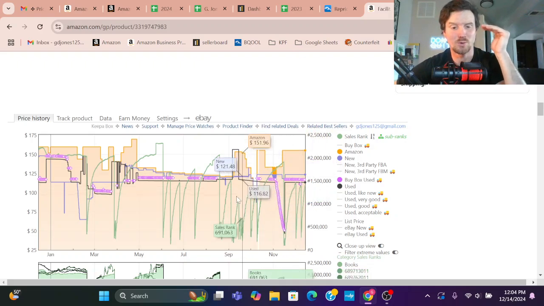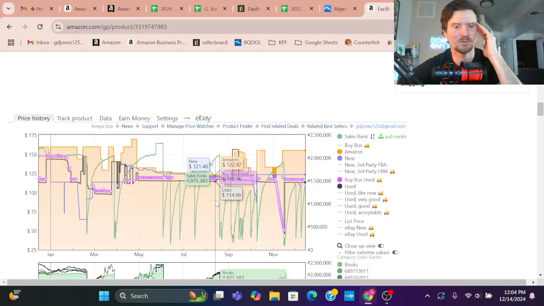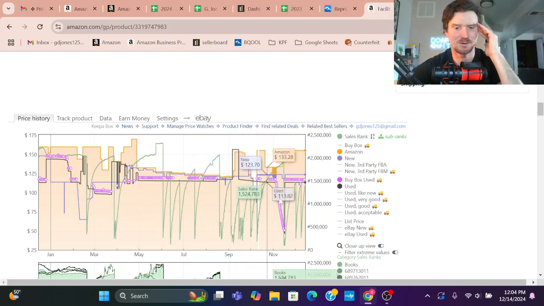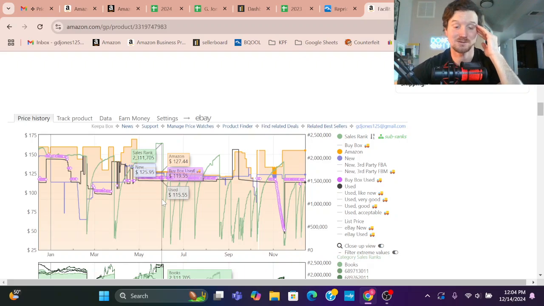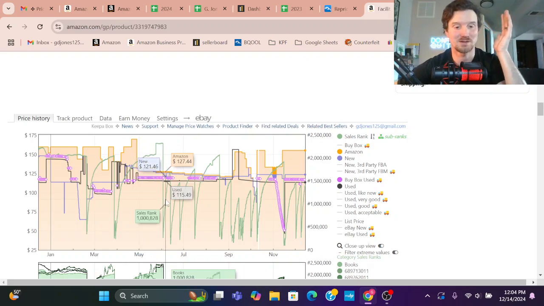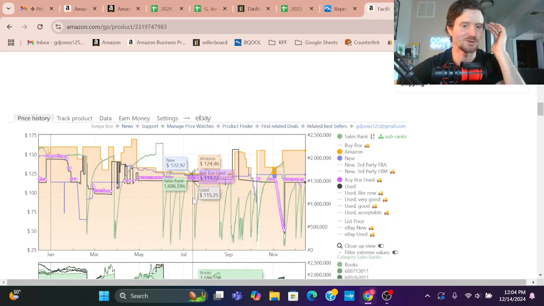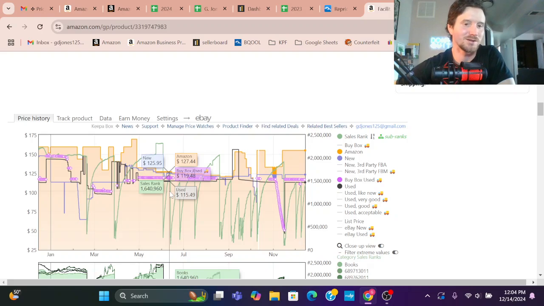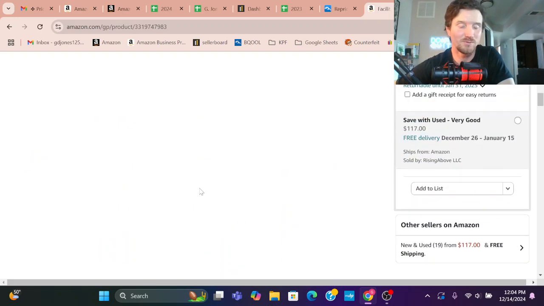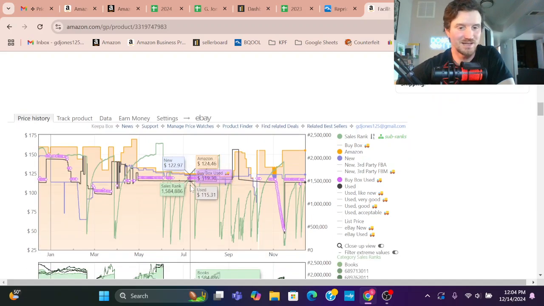If it sold more, by all means, hug that new price. But since it's so close, since it doesn't sell so much, and I don't like to be so close to that new price. This is definitely a book that sells, but it doesn't sell like a crazy amount. So that's kind of up to your discretion how much you want to hug that new price, because you'll find the people out there that want to save $1 or $2.